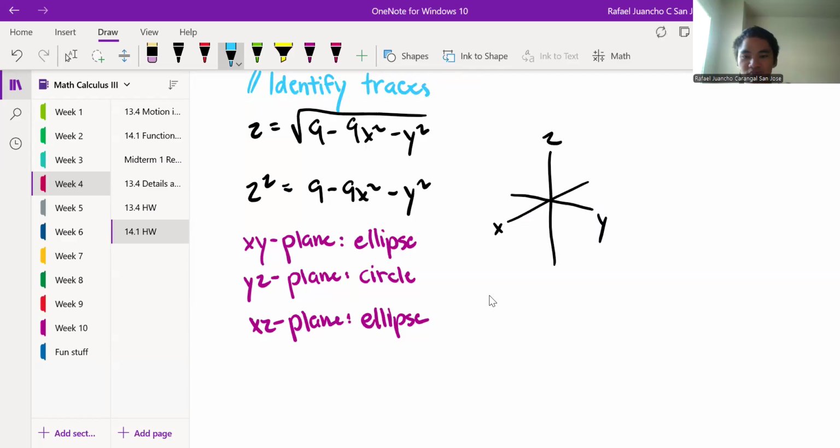Yeah, so it was probably something like this, maybe. If I go to my YZ plane, I have a circle. My YZ plane is this. It's just a regular circle. And then if I have an ellipse here, XZ plane, oh, it's also stretched.